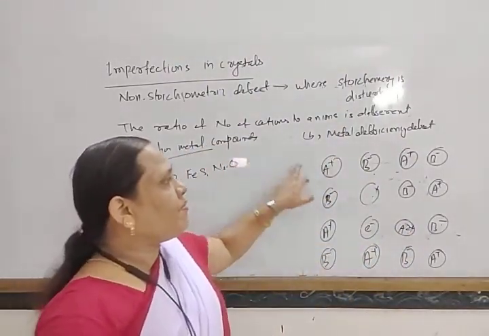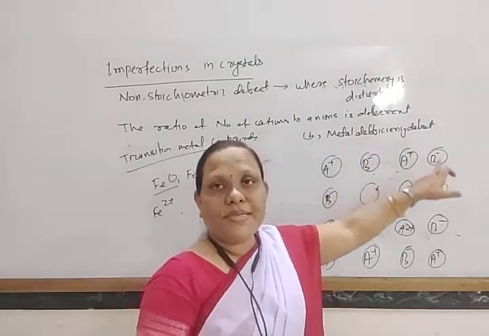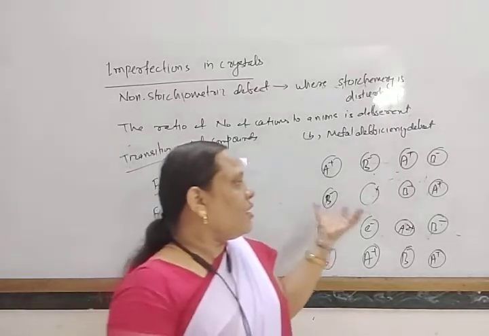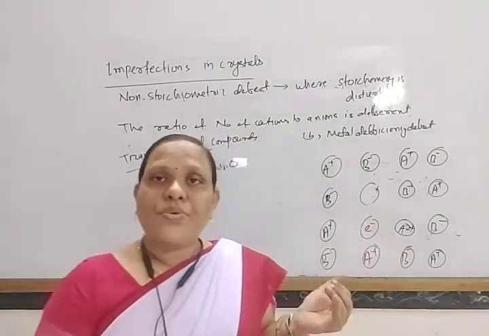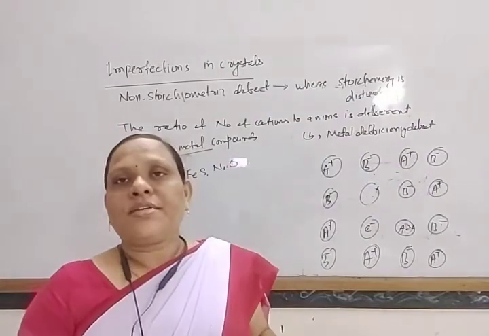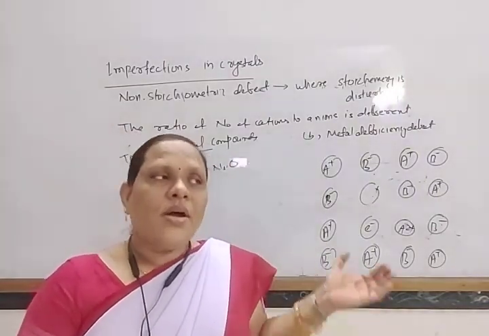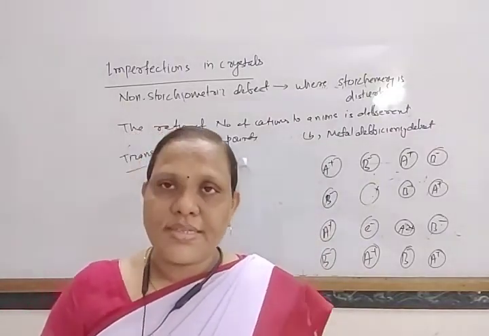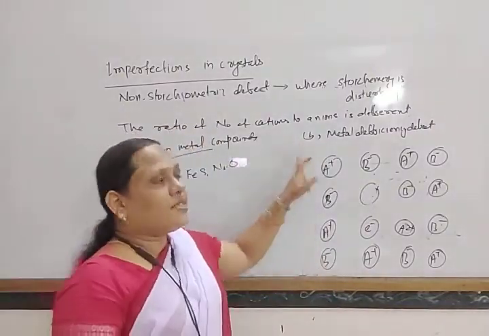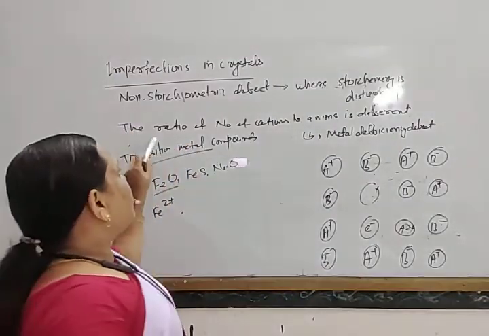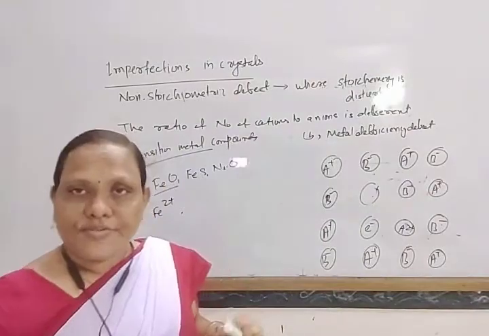So this type of defect is called metal deficiency defect, which is due to removal of some cations with lower oxidation number, and at some other lattice point, some other cations having higher oxidation number remain. That type of defect is known as metal excess defect, and these are known as non-stoichiometric defects.